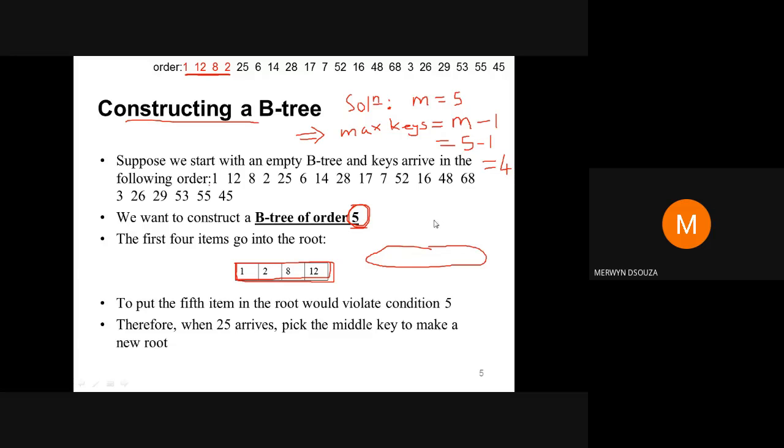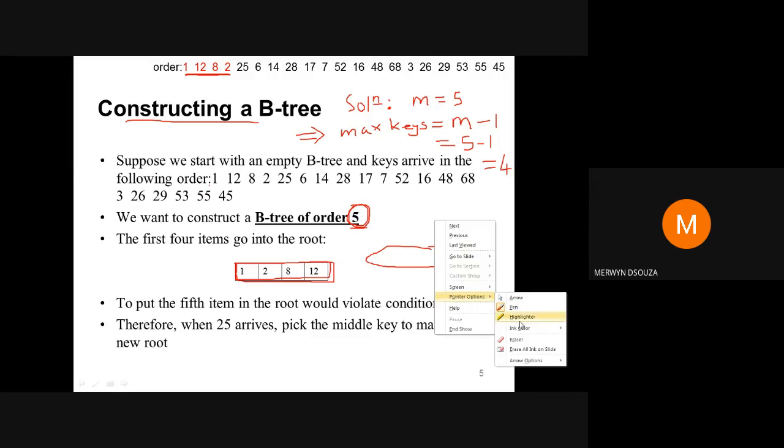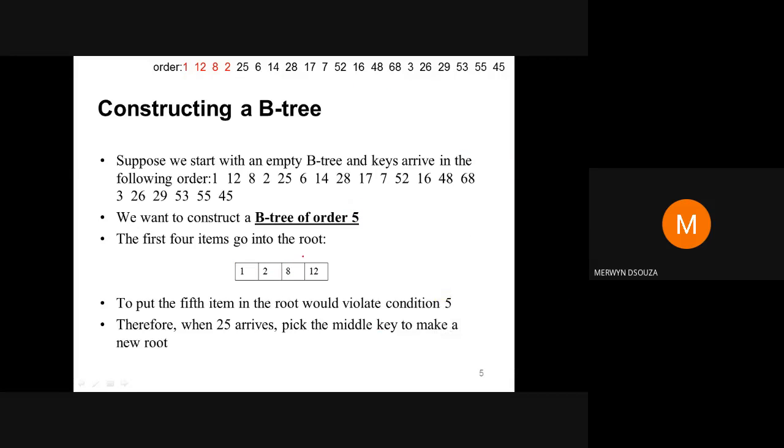So you can draw one rectangle like this, and once you have drawn the rectangle, you insert these 4 values. Why insert 4 values? Because we have decided that the maximum number of keys that we can have in a node is 4, so it does not violate the condition.